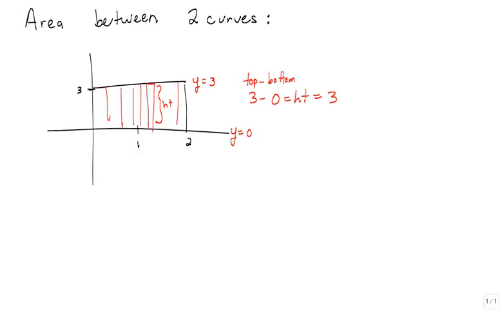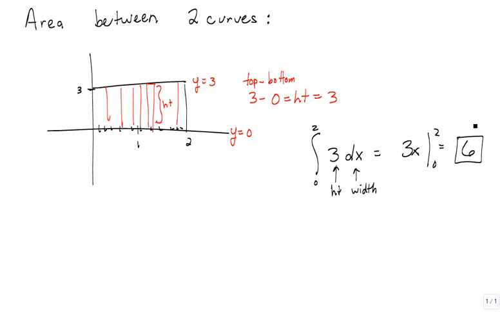So if I just integrate 3, again, remember that's the height, and the dx represents the width, and our rectangles are along the x-axis between 0 and 2, and that's going to be 3x from 0 to 2, which is 6.